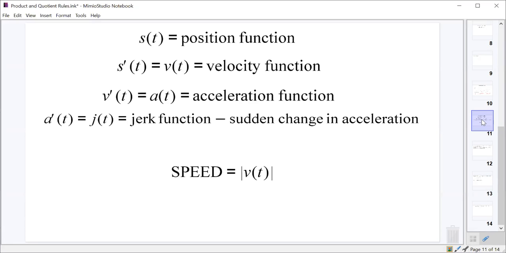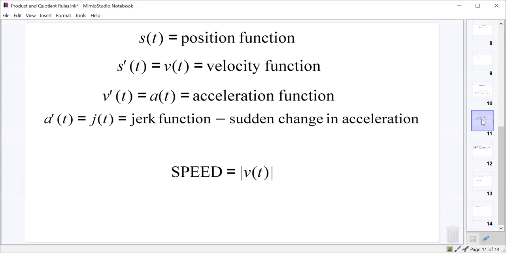What is a derivative? It's just finding us a rate of change at an instant. So if you take the derivative of a position function, it will tell you exactly how fast that car or the particle or you are running. It'll tell you exactly how fast you're going at that instant if you know a function that models your position.